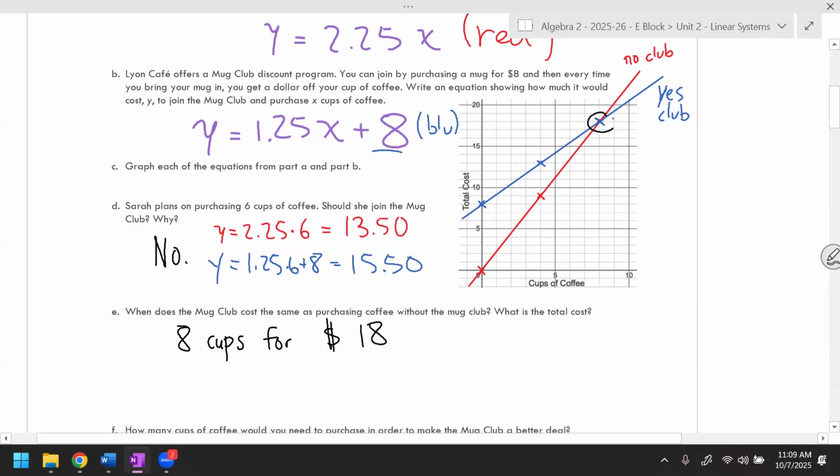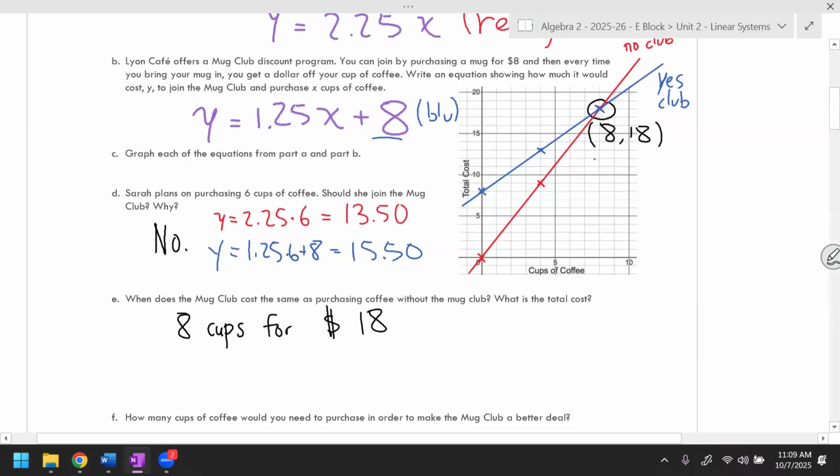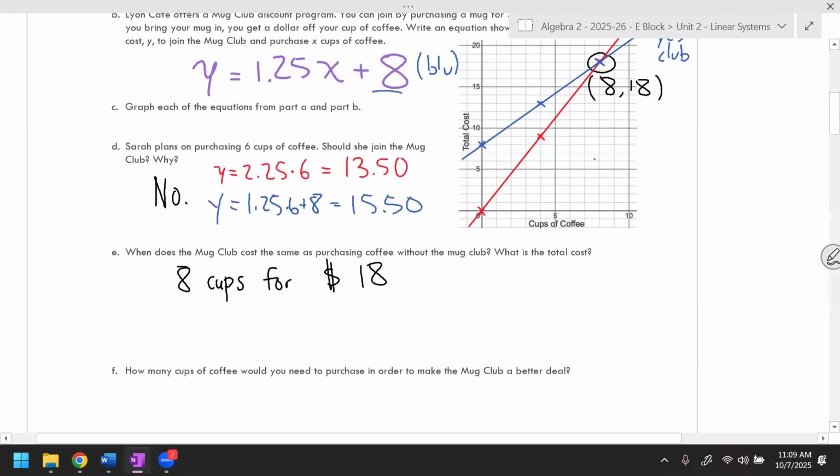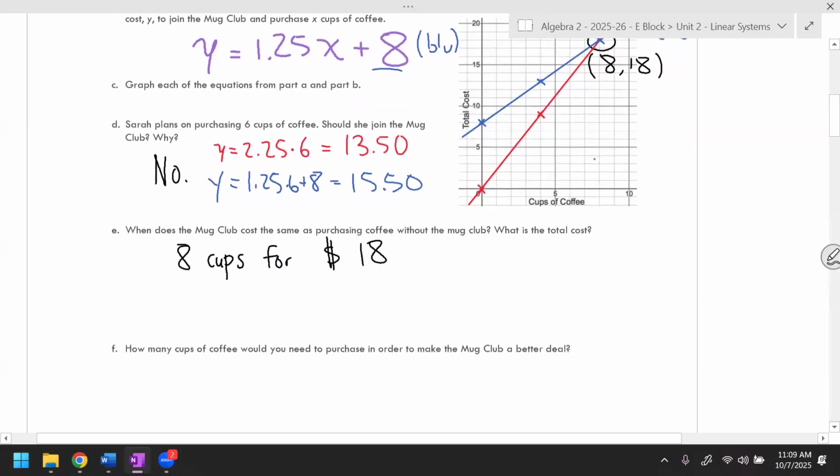And we can see that right here. This is 8 comma 18. That's the break-even point. You guys know what I mean by break-even, right? Okay. So how many cups of coffee, Kara, will we need to actually get a better deal? Anything above that, right? 9 or more, let's say. 9 or more cups.